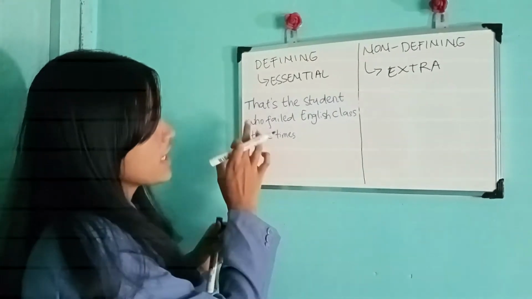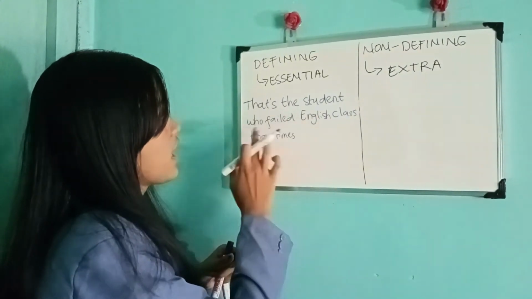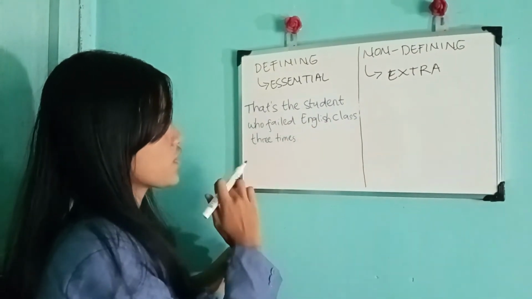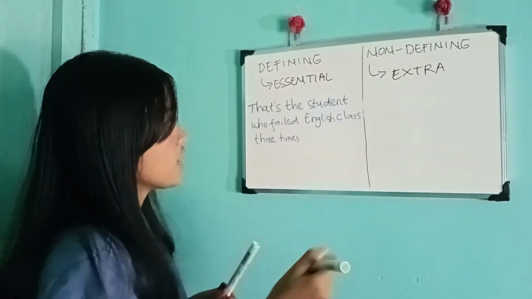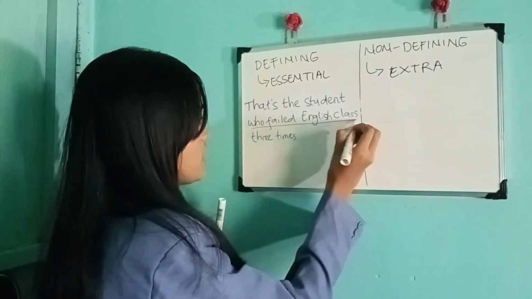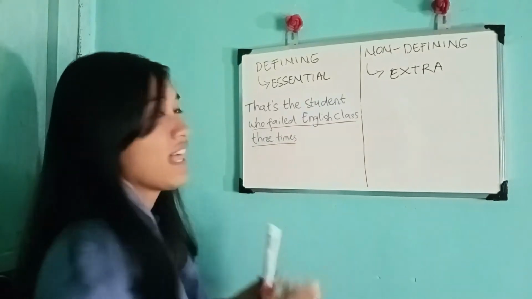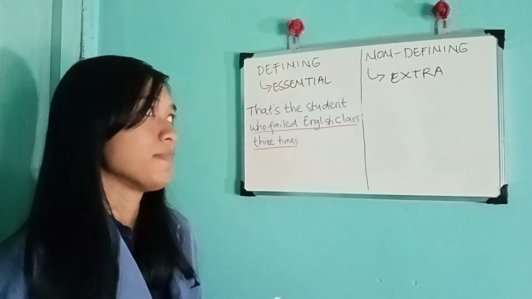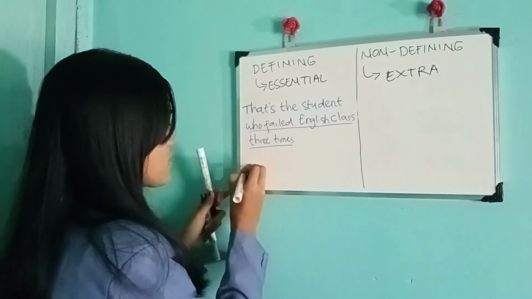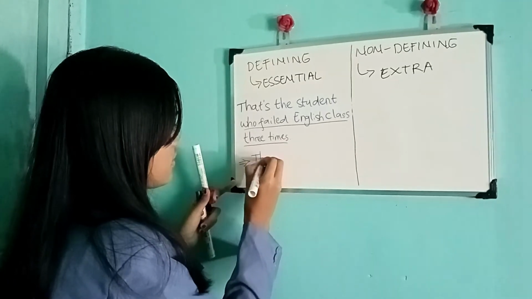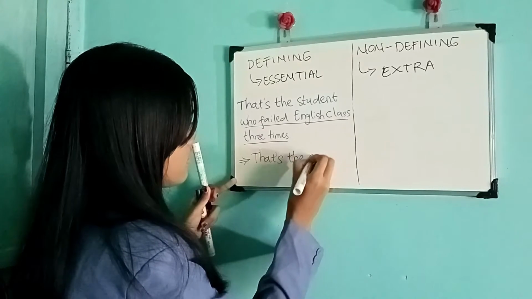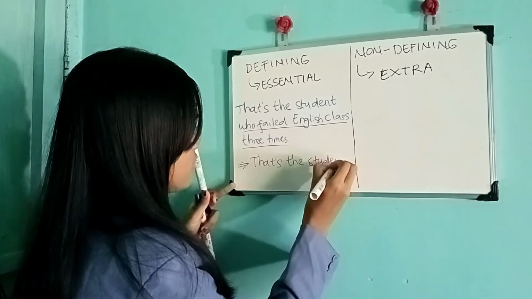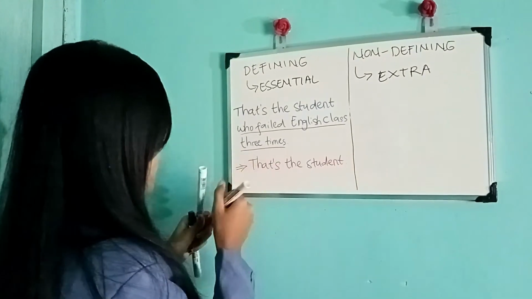For example, there's the student who failed English class 3 times. If you remove who failed English class 3 times, the sentence is incomplete. Just that students.